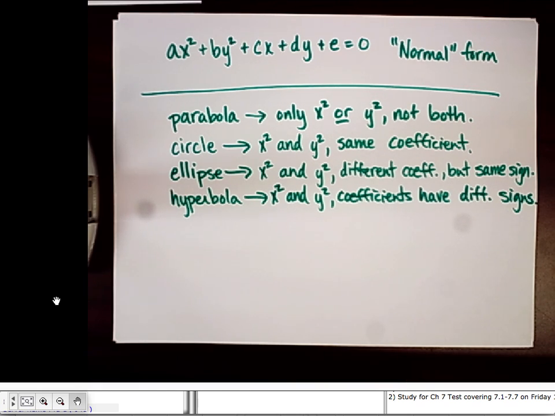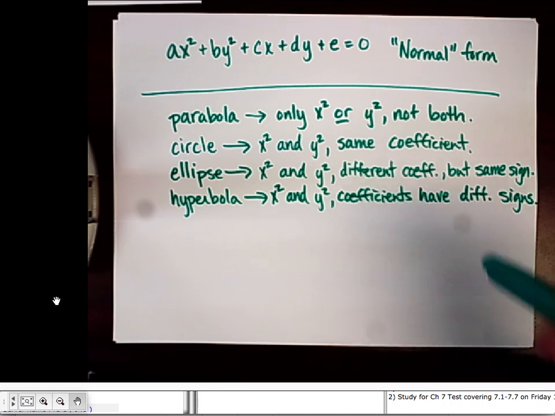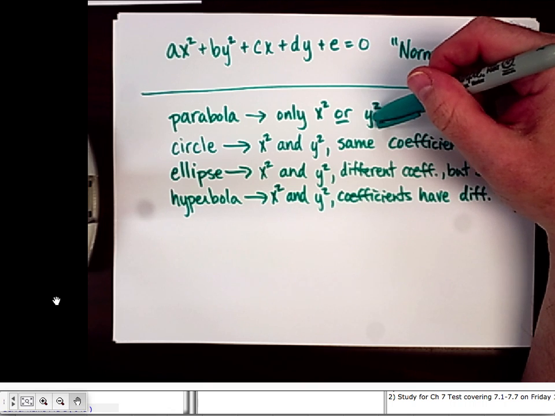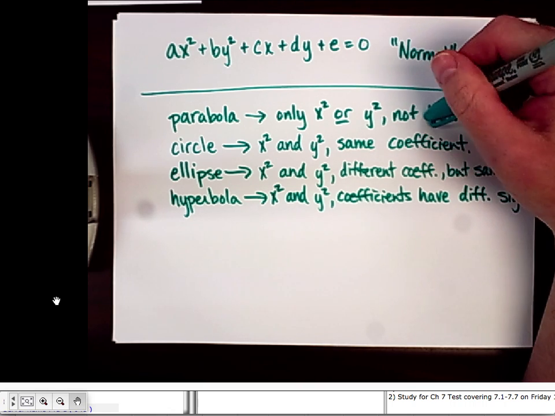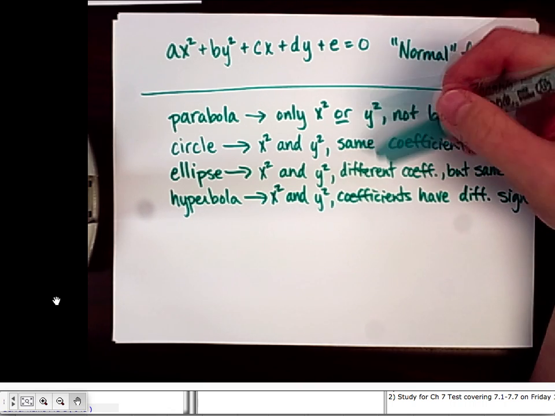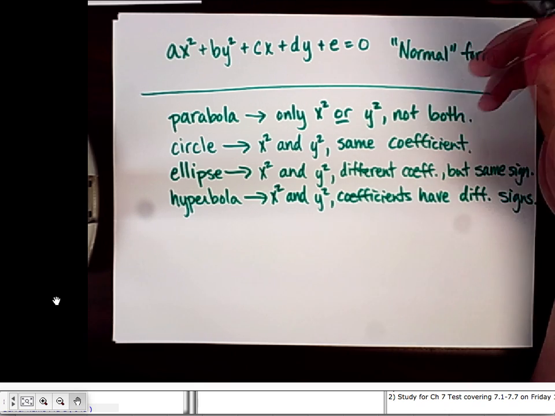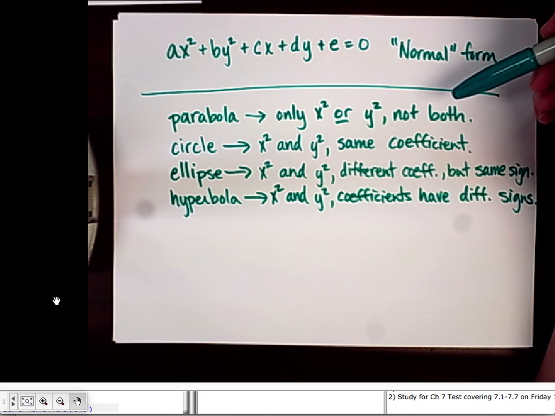The thing that's complicated is what we've already learned, is once you figure out which one it is, you have to get it in standard form. Now, they all require you to complete the square. A parabola, you solve for the one that's not squared. So if you had an x squared, you're going to solve for y and complete the square for x. If you have a y squared, you're going to solve for x and complete the square for y.